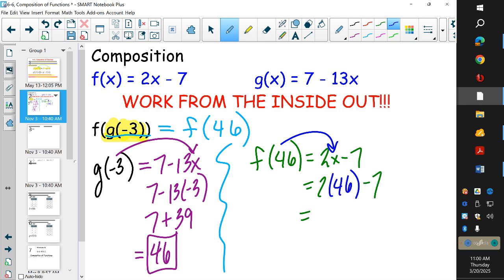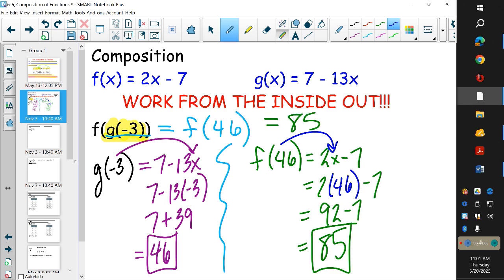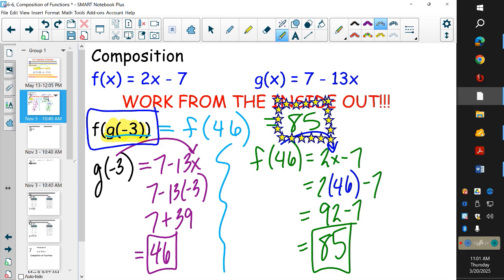So 2 times 46 is 92. Take away 7 is 85. What does 85 represent? F at 46. Now, what this means is my final answer of f at g at -3 is the value 85. Do we all understand that?